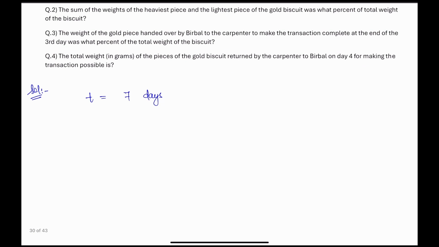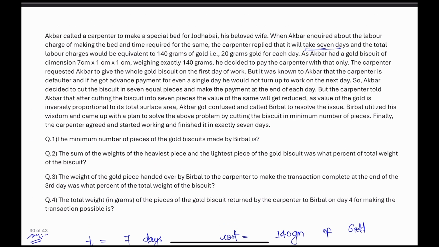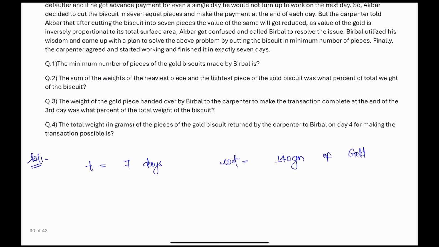So cost equal to 140 gram of gold, that is 20 gram gold for each day. Yeah, it's obvious, 140 divided by 7 equal to 20 gram.